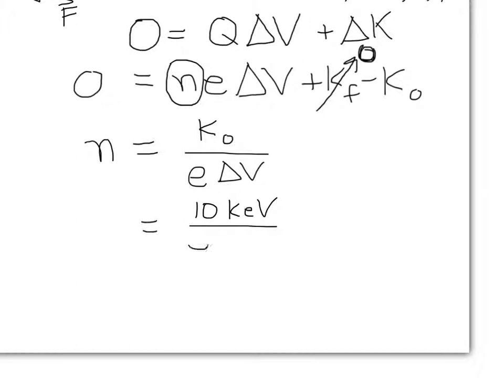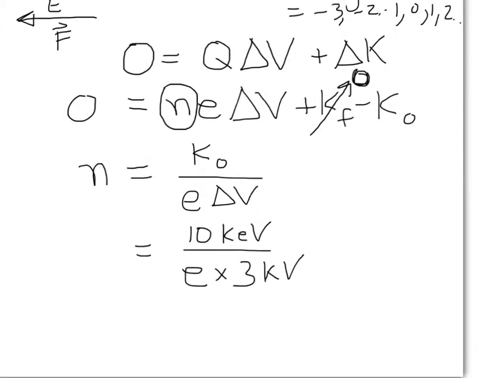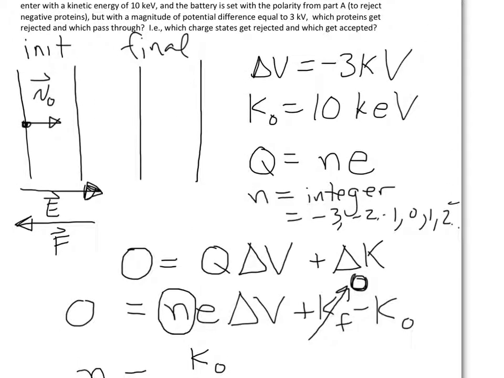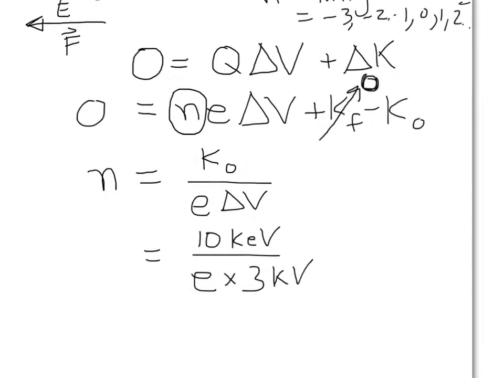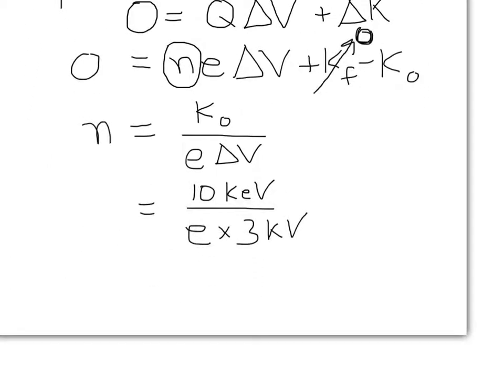We divide by E times 3 kV. We can check that. Let's see. Delta V is minus 3 kV. Ooh, minus 3. Let's put minus 3 kV in there. So that's a minus sign there.